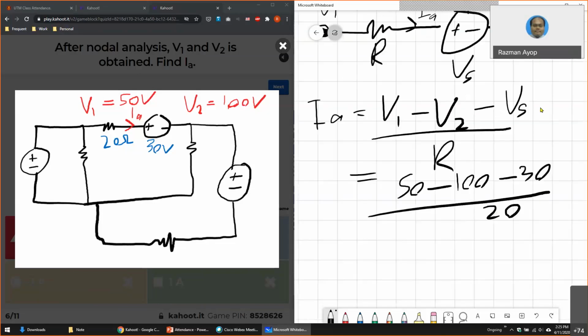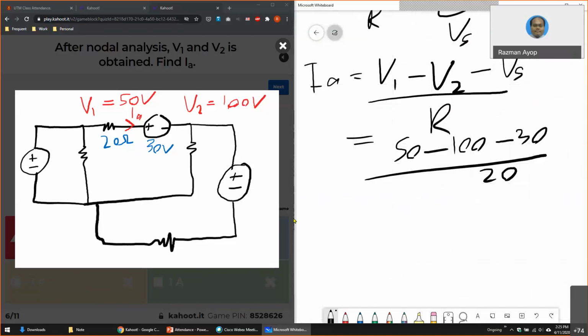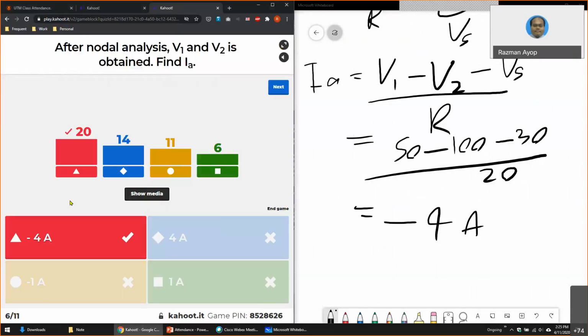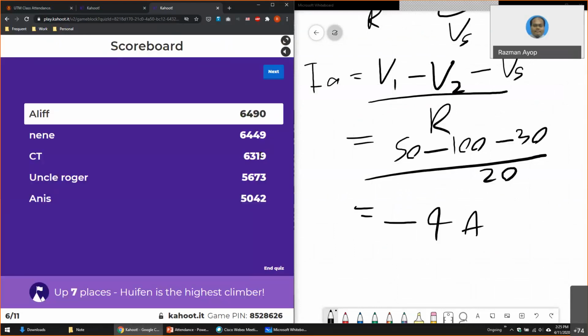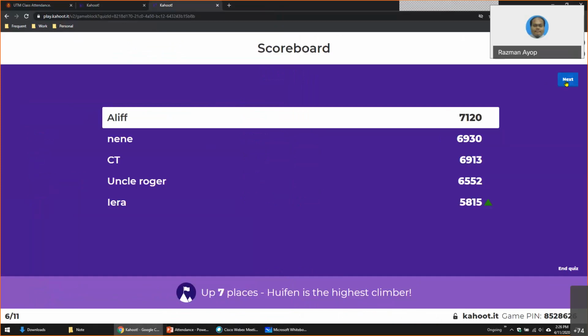If you calculate this, you get negative 50, negative 80 divided by 2, negative 4 ampere. So the answer is negative 4 ampere. Who has the highest score right now? Alif. So we move on to the next question, which focuses on mesh analysis.